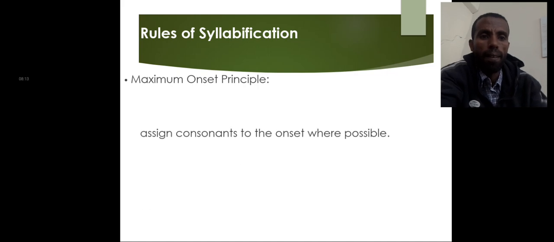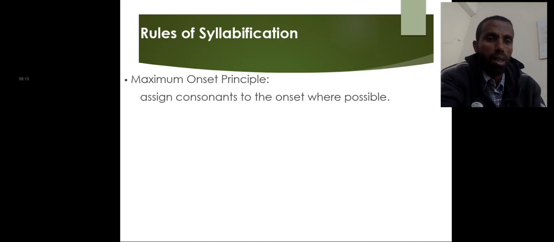This principle allows us to have 3 consonants at the beginning of a word, meaning at the onset position. We've seen what onset means. The maximum number of onset is 3, not 4, not 5, 3. So if I know this number, it would be easy for me to see the boundary between the syllables.